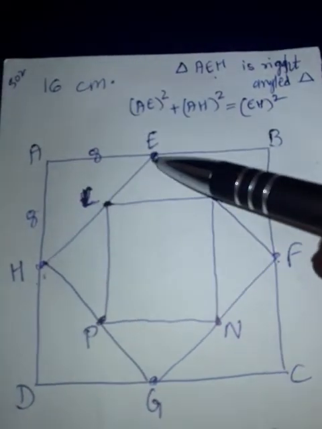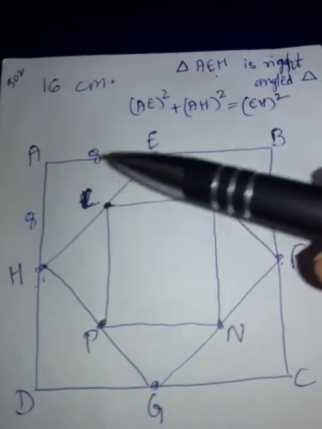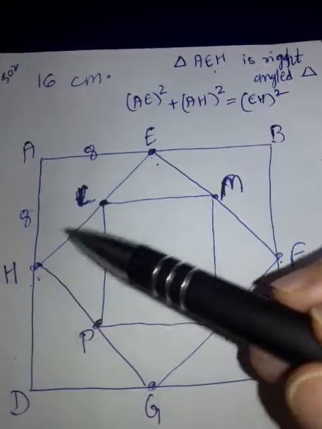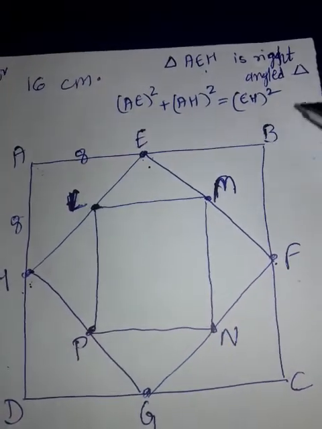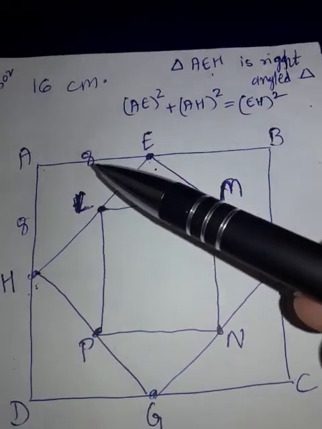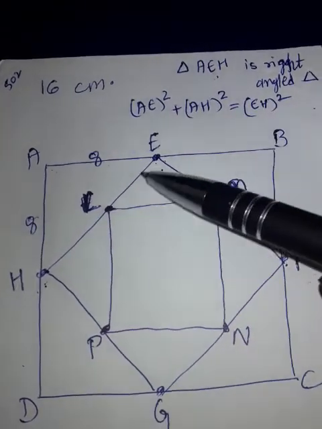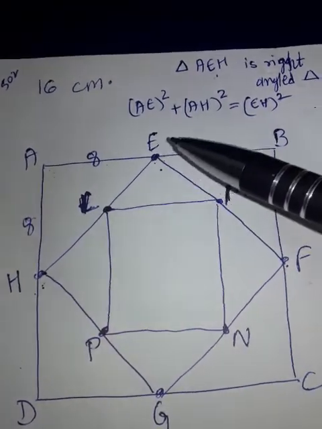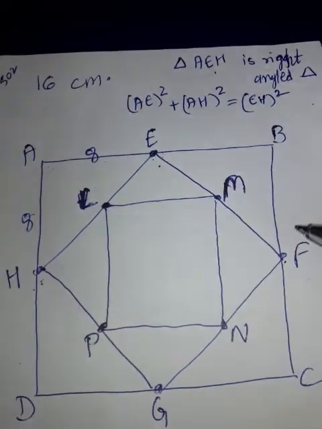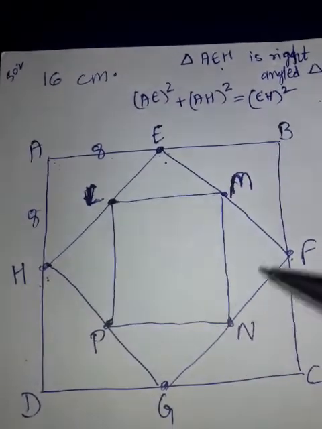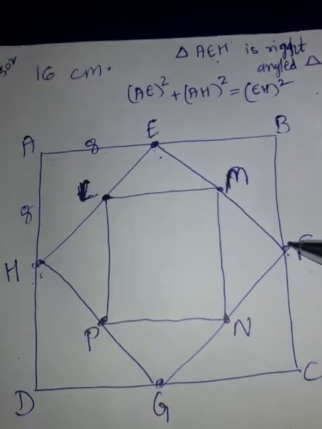And AE square plus AH square is going to be EH square according to Pythagoras theorem. Am I right? So 8 square plus 8 square is going to be EH square. And what is EH square? It is the area of this square EFGH.